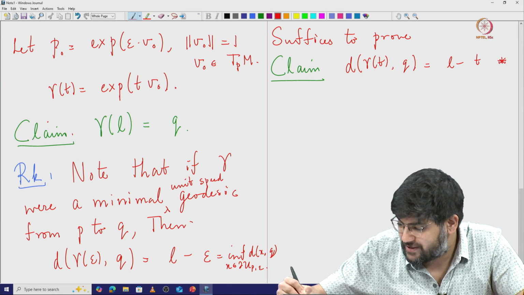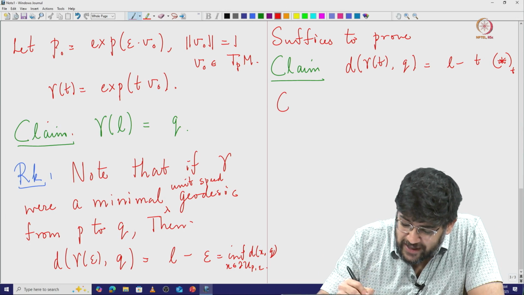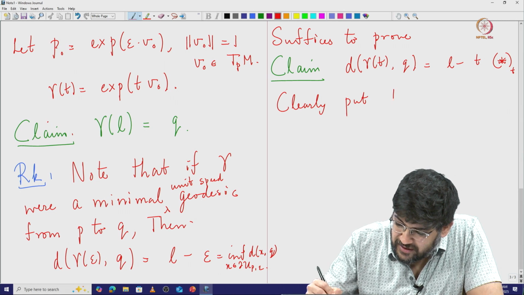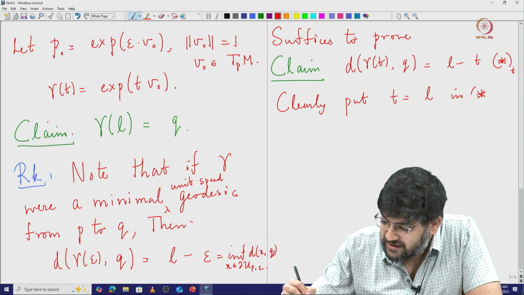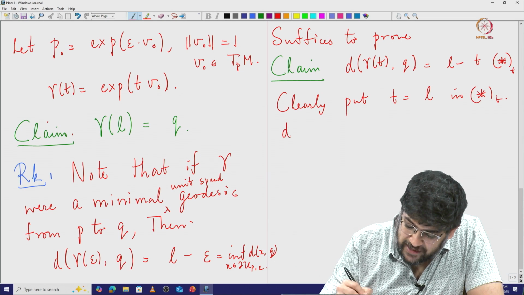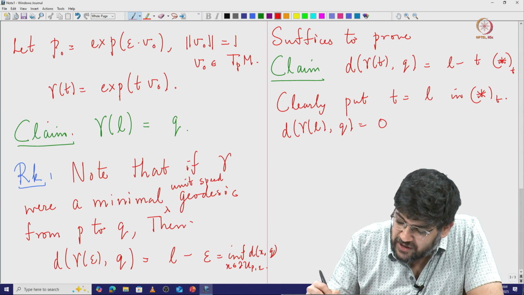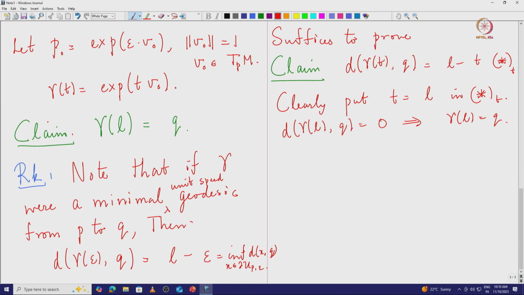So I am going to call this equation star t, okay. So clearly if you put t equals L in star t, that would imply that the distance of gamma of L and q is 0, which implies that gamma of L will be equal to q, right. So that would complete the proof, okay.